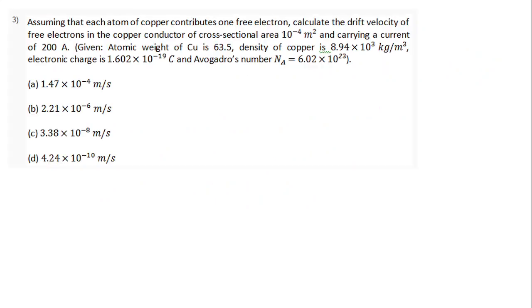Okay, next question. Assuming that each atom of copper contributes one free electron, because it's monovalent, every atom contributes only one free electron. Calculate the drift velocity of free electrons in a copper conductor, where the conductor has a cross-sectional area of 10 to the power minus 4 meter square and is carrying a current of 200 ampere.